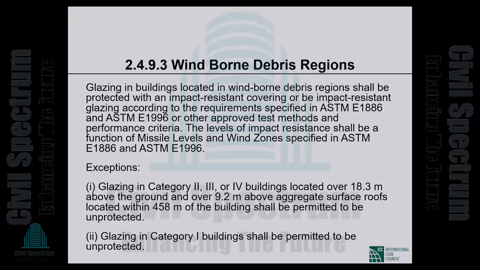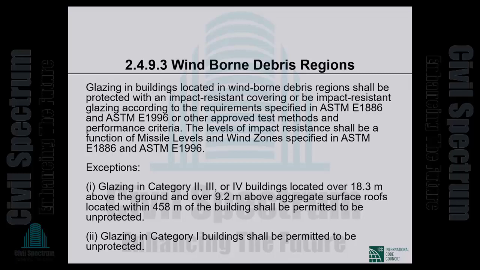Those are typically 2x4 studs thrown at a certain speed on the glazing or the covering. From 30 feet from ground to 60 feet from ground, the glazing has to be able to withstand the impact of small missiles. Okay, so those are the two tests. One is a large missile test, one is a small missile test.